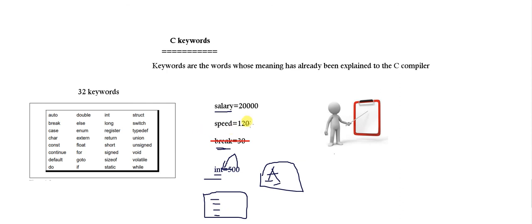Whenever you create a variable and it is a keyword, in the coding window of the compiler, whichever compiler you download, we will see, you will download it and write your code. When you use a keyword, the color changes to a different color.